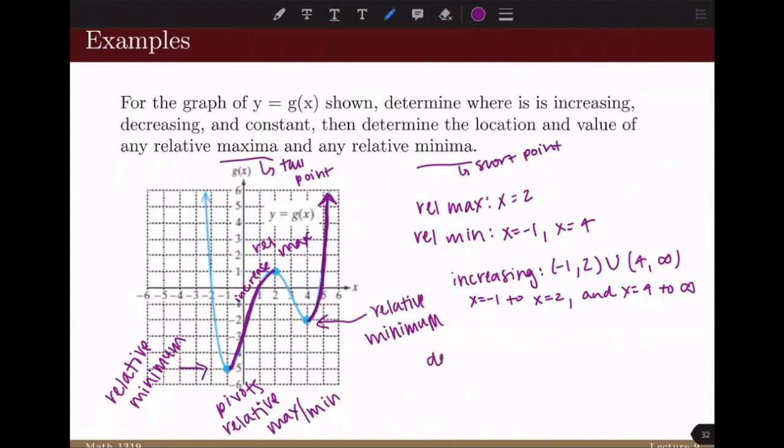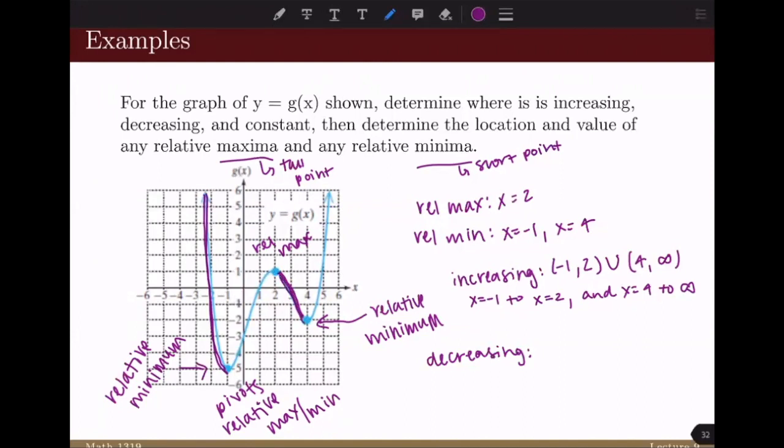Decreasing. It is decreasing from all the way up here, all the way down to here, right? It is also decreasing from here to here.